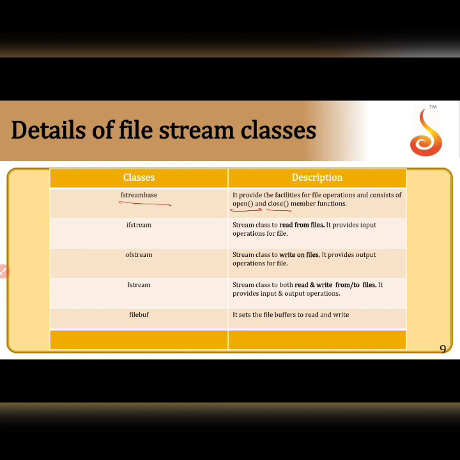After that is ifstream, the stream class to read from a file. It provides input operations for a file. The functions are get, getline, then read. These are some of the functions of the ifstream class.